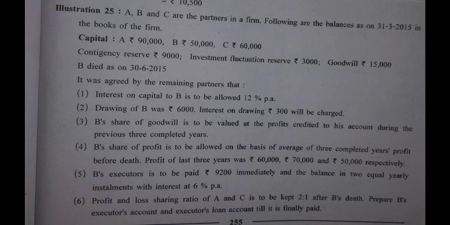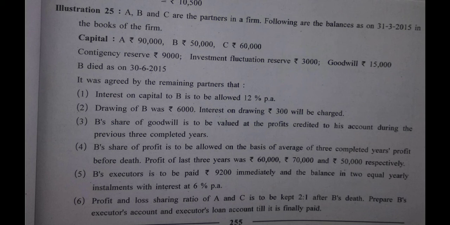Yes? So what is gaining ratio? New share minus old share. You are provided with new share in adjustment number 6, 2:1, and old ratio, just because it is not mentioned, we are going to consider it as 1:1:1, the equal share.